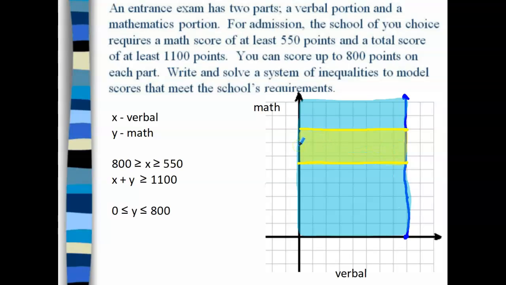And then our final requirement is that it's greater than or equal to 1100. So we're going to plot our y-intercepts. So 8, 9, 10, 1100 would be up here.